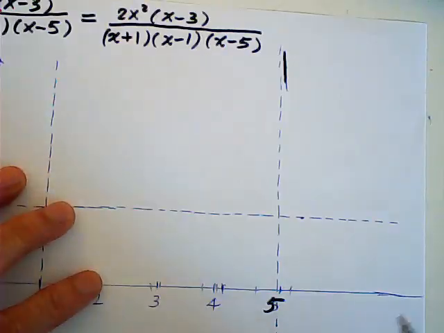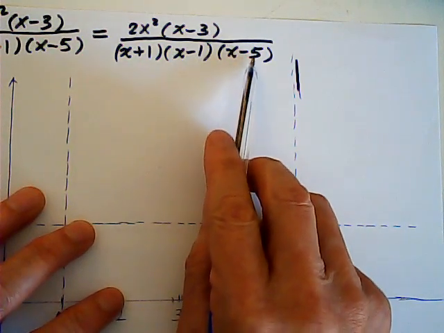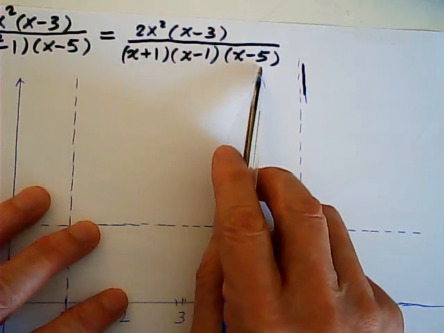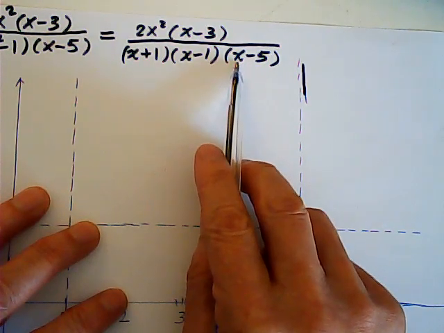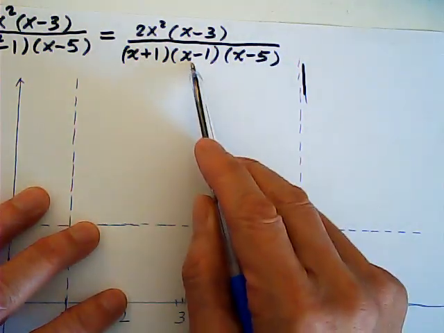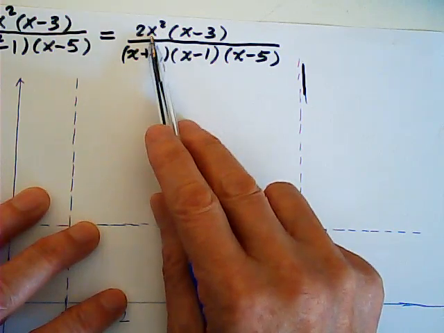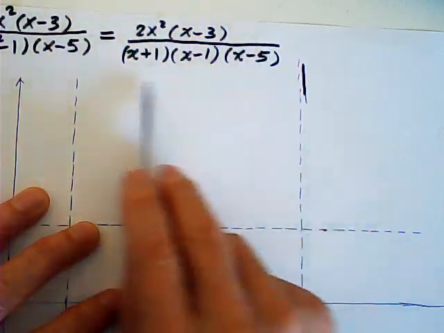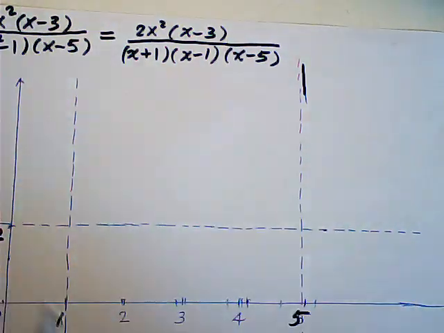When x is approaching 5 from the left-hand side, that is x equals 4.99999 something. So this is negative, positive, positive, positive, positive. Therefore, the overall value is negative infinity.